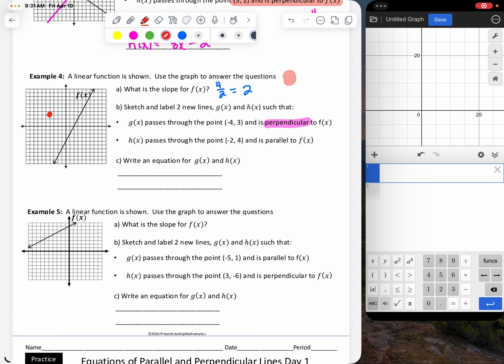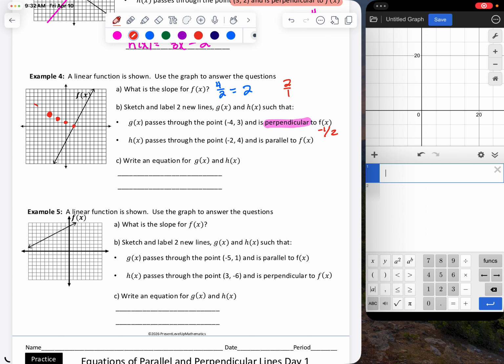So if you think of my original slope as 2 over 1, the opposite reciprocal would be -1 over 2. Okay, so I want to start at this red dot, -4, 3, and go down 1, right 2, down 1, right 2, down 1, right 2.